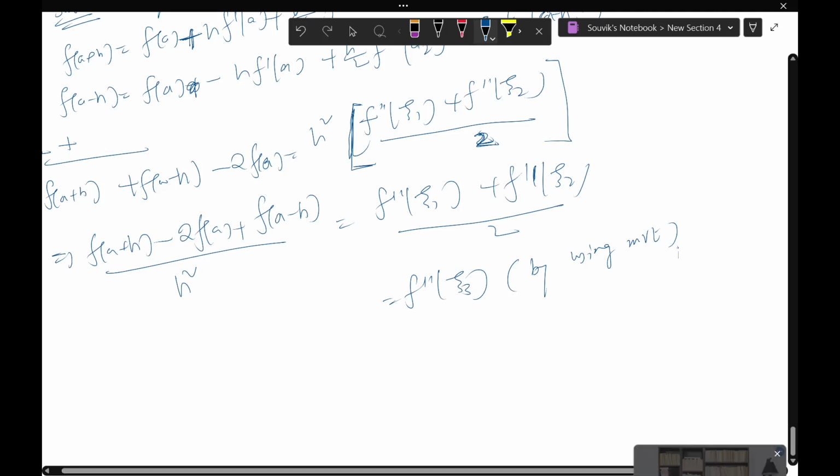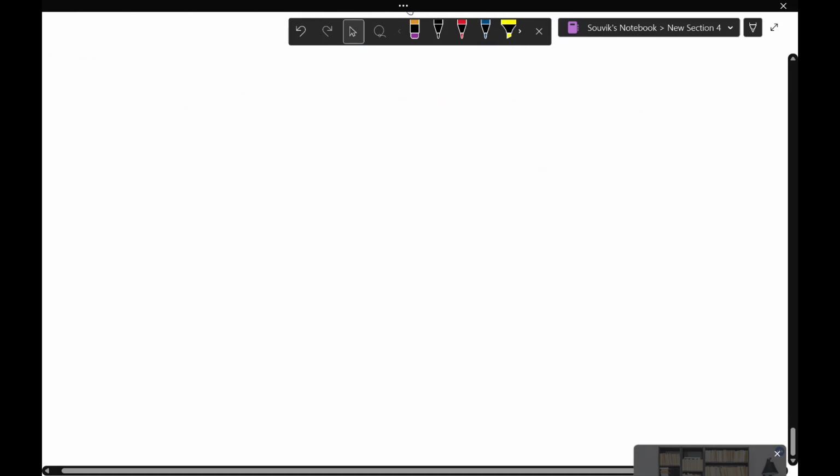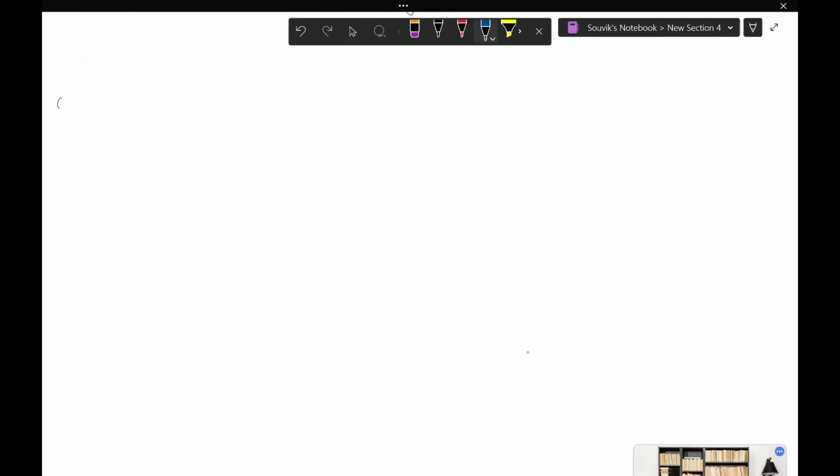Okay, let's do a problem on L'Hopital's rule. Find the limit as x goes to 0 of e to the power x minus e to the power minus x, minus log of 1 plus x, by sin x. Now it is 0 by 0 form.